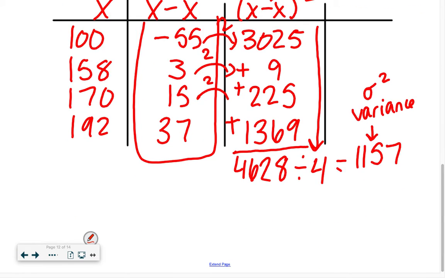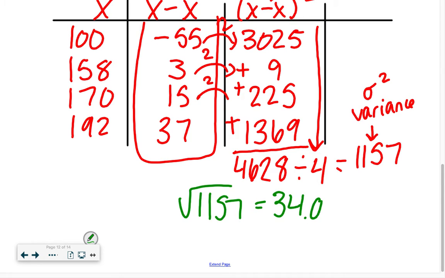Square root it. So what is the square root of 1157? Give me 2 decimals. You can use the last column. I write it below because that's how I add. 34. This is our standard deviation.